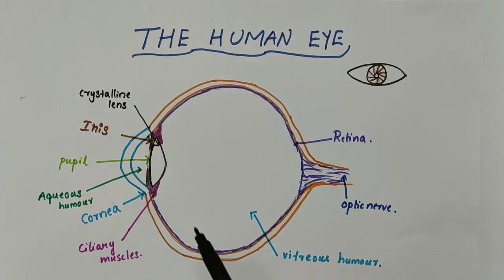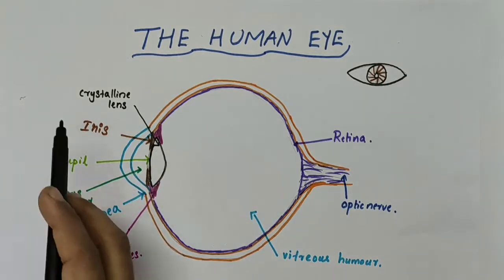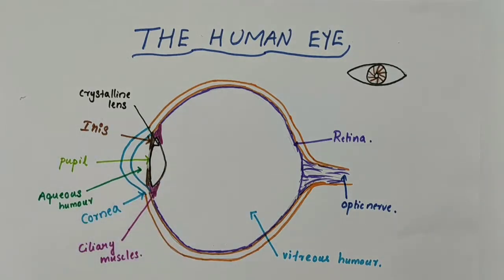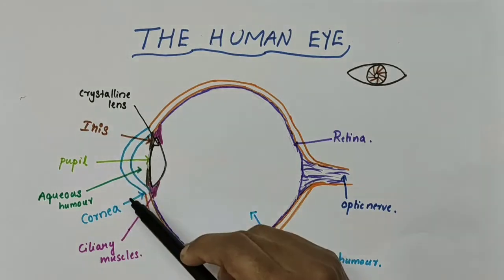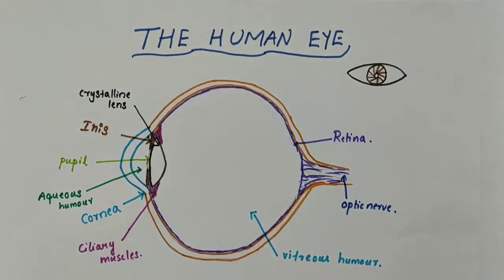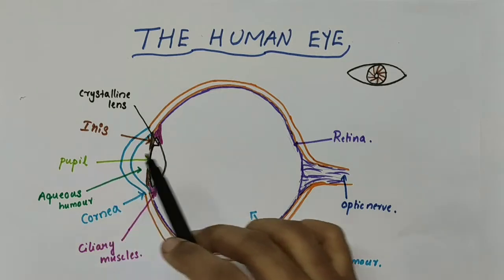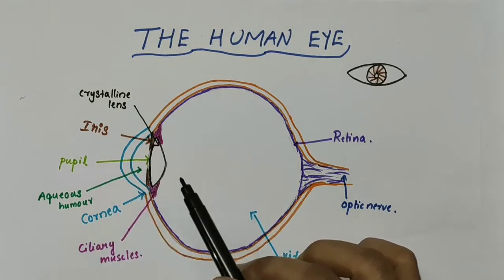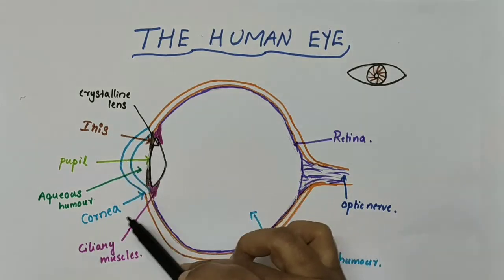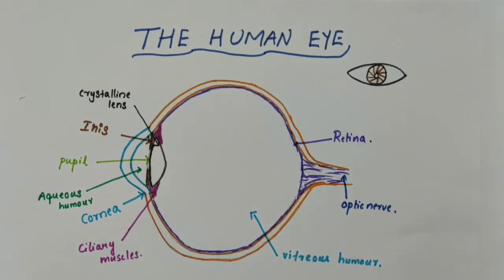I have just drawn a figure of a human eye here. Some object will be somewhere here in front of the eye. Right. Then light from that object enters the eye through a thin membrane called the cornea.